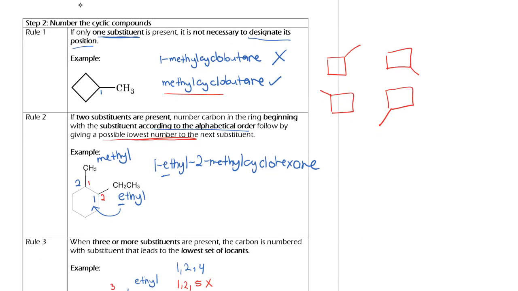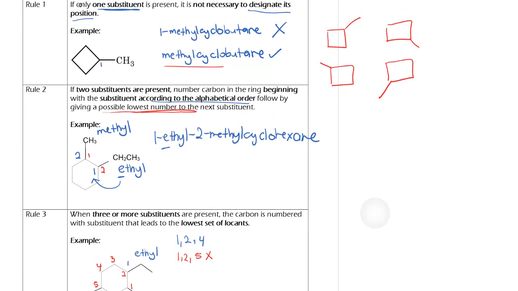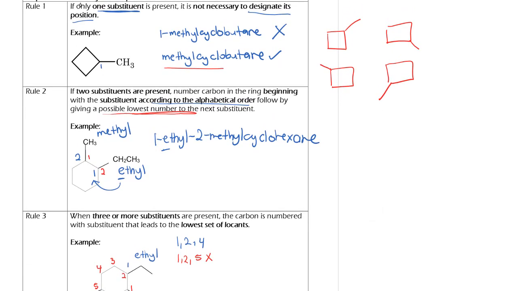Okay, rule number 2: if two substituents are present, number the carbons in the ring beginning with the substituent according to the alphabetical order, followed by giving the lowest number to the substituent. So when you have only two substituents, numbering can either start with the red color 1, 2, or maybe 2, 1.